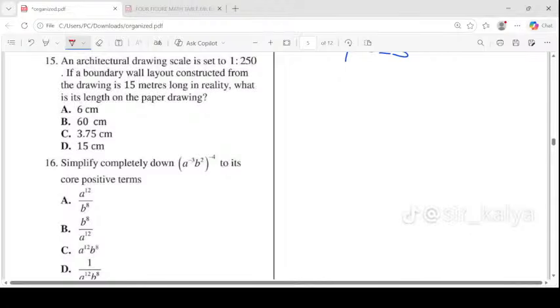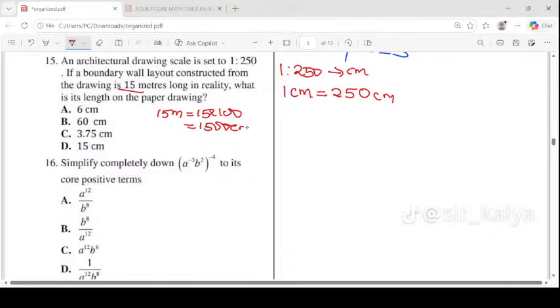One thing you have to understand, the ratio scale here, 1:250, is usually in centimeters. What it means is that 1 centimeter on a map represents 250 centimeters on the actual ground. What about 15 meters in reality? That is just like saying 15 times 100, giving you 1,500 centimeters.